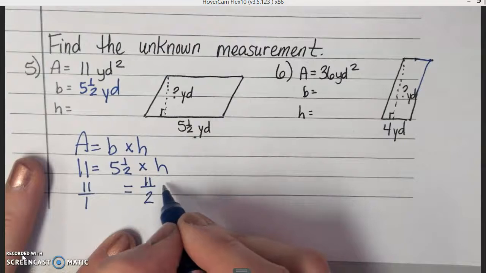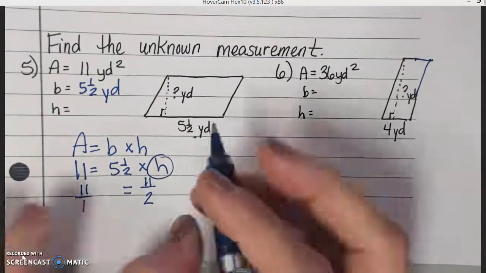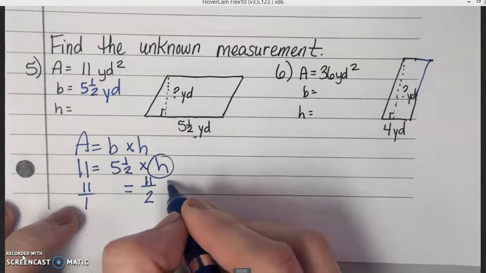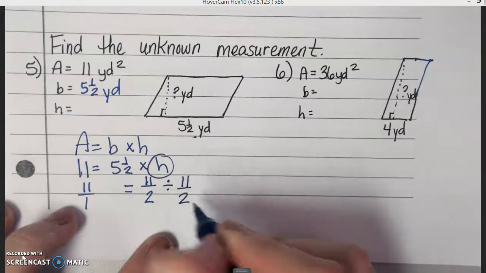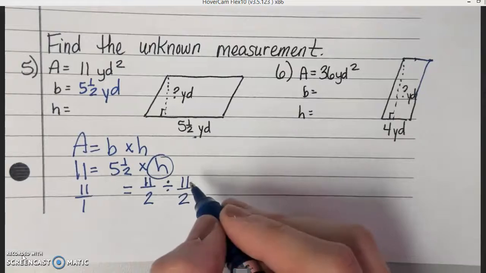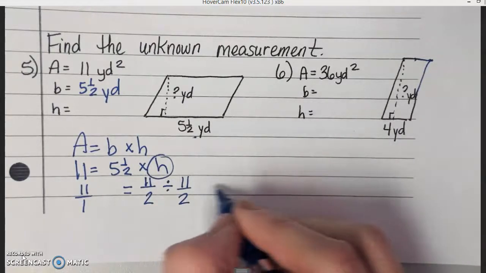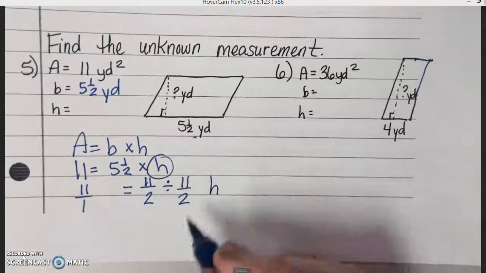What do I need to do to get H by itself? I'm going to divide by what? That's right, 11.5. Or 11 halves. There we go. That's how you'd say it, 11 halves. Alright, and I've still got that H over there.